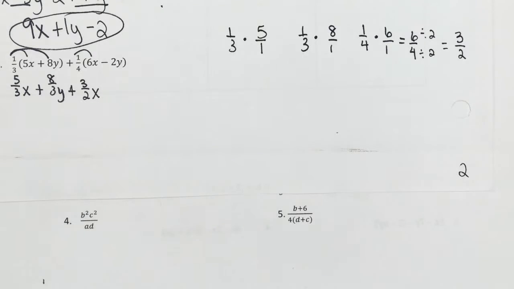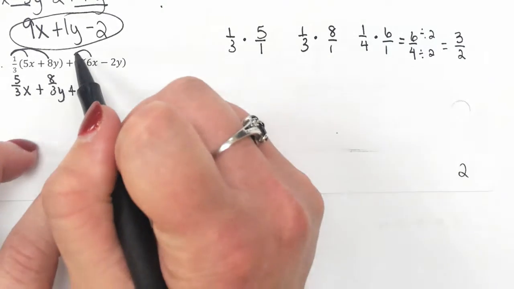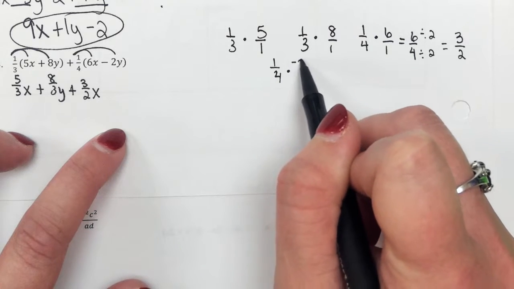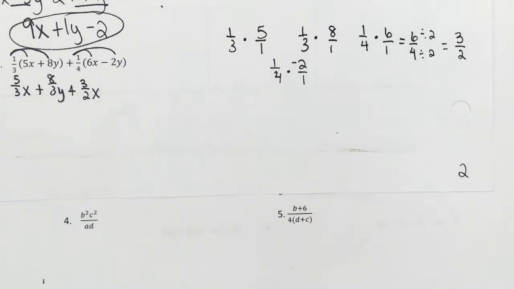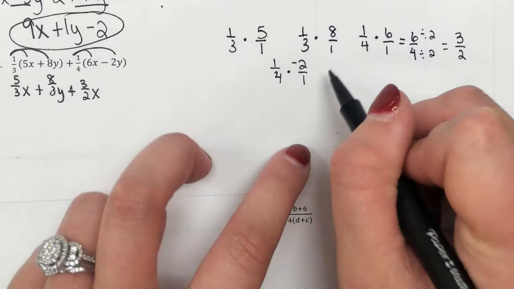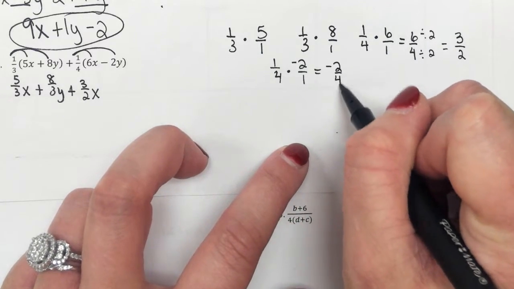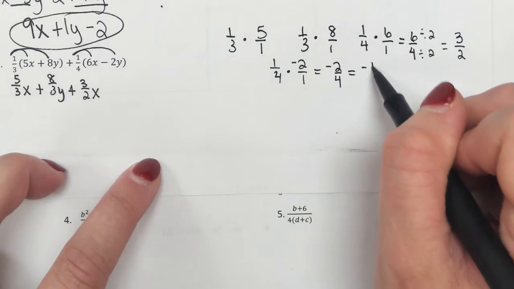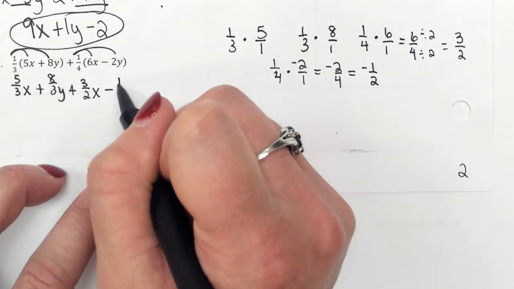All right, last one. You ready? 1/4 times -2. What's that give you? -2/4. That is -1/2, Nathan. Very good. Anybody lost about where I got -1/2 from?